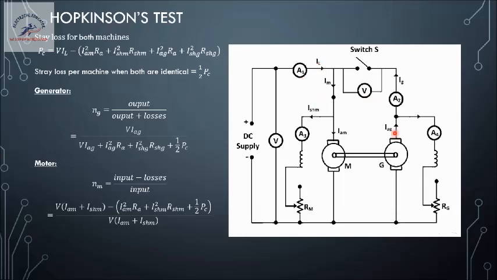This shaft is also connected to the motor, so the motor speed will also drop. If the speed of the generator, or the input mechanical speed, drops, the output of the generator reduces. That output is given as an input to the motor, so it will also reduce and hence the speed drops further. Thus, it will come to rest eventually.